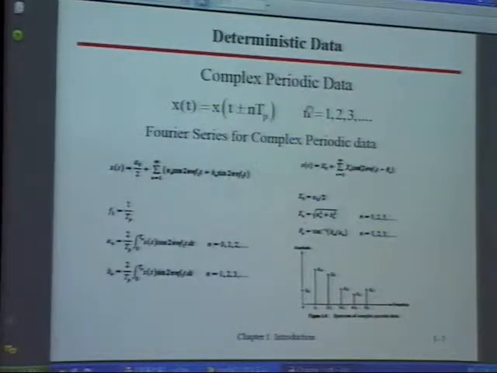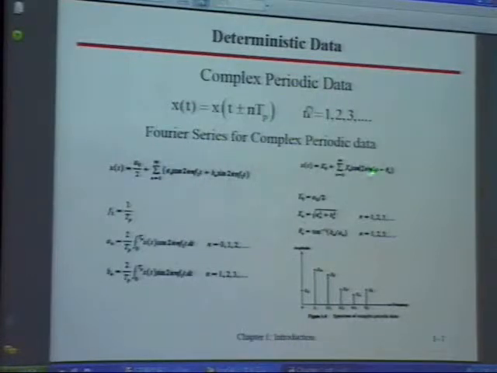Then what does it do? Not only the amplitude distribution, but the summation of frequency, F1, that's a fundamental frequency or first frequency. Then Fn is n times F1.